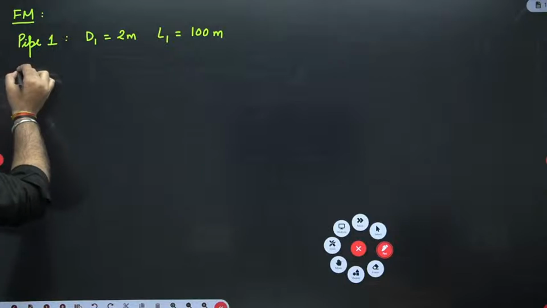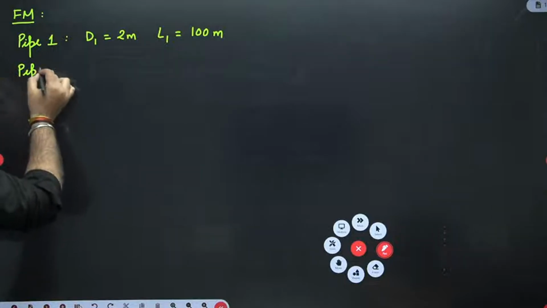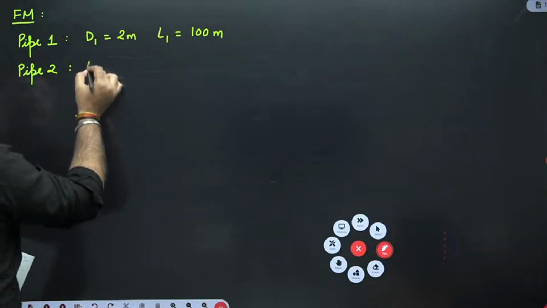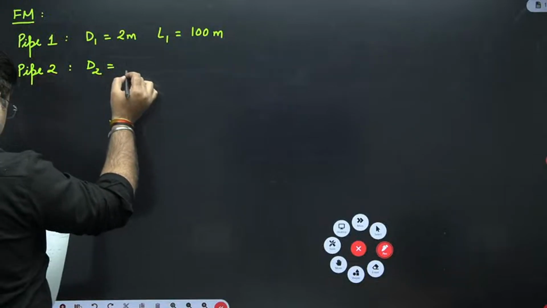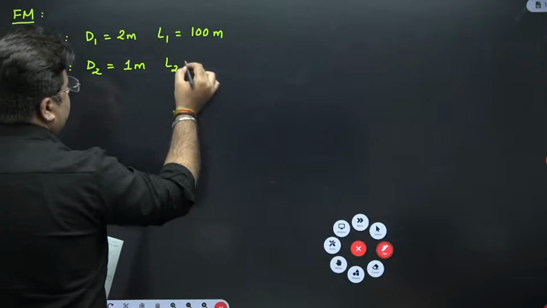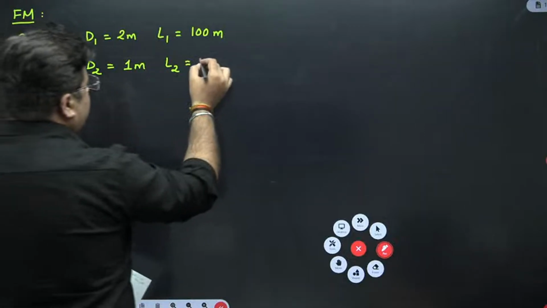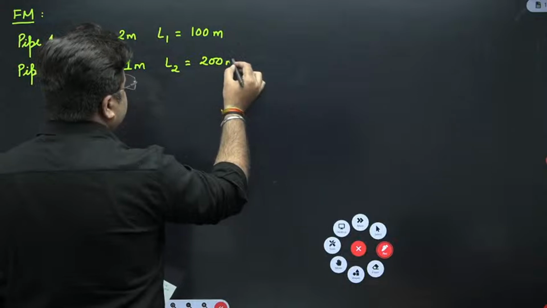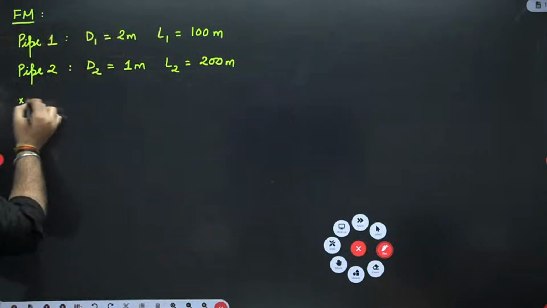Then you have pipe 2, for which diameter D2 is given as 1 meter, and length L2 is given as 200 meters.